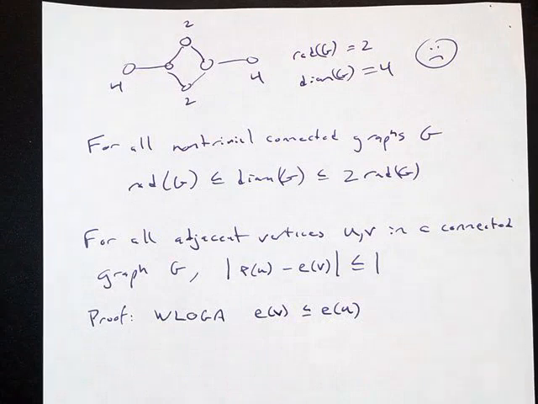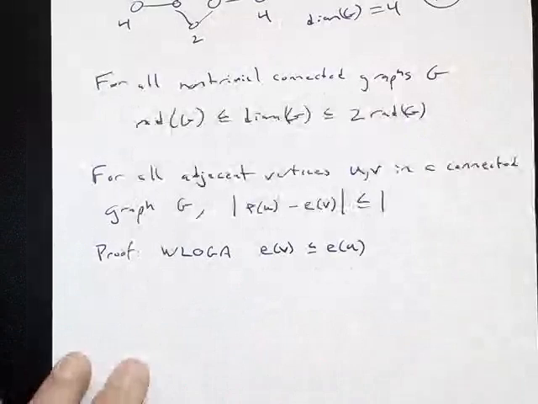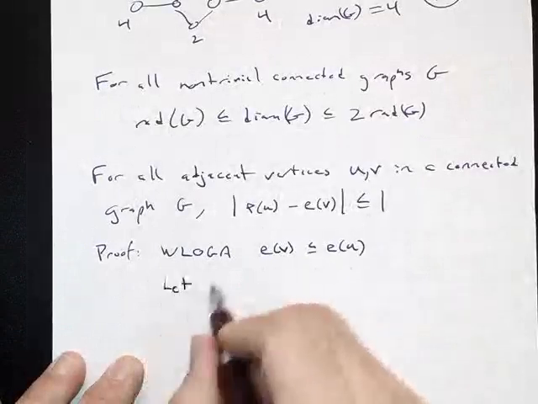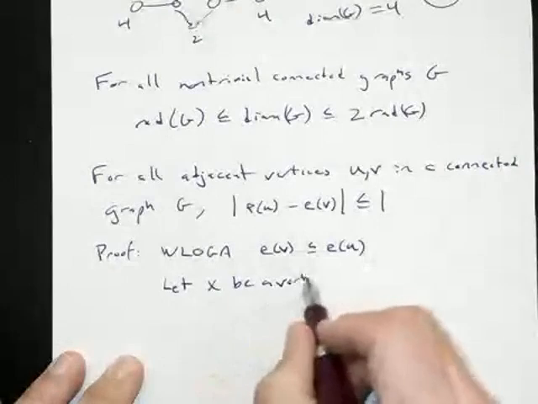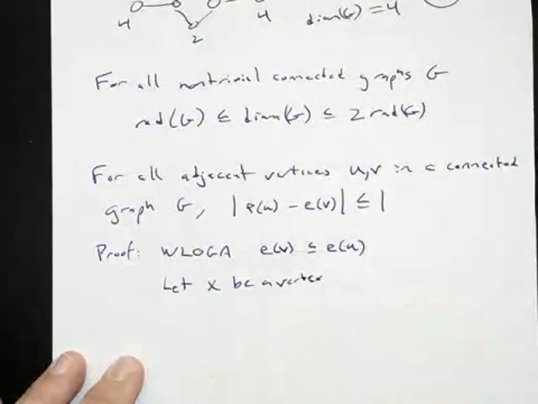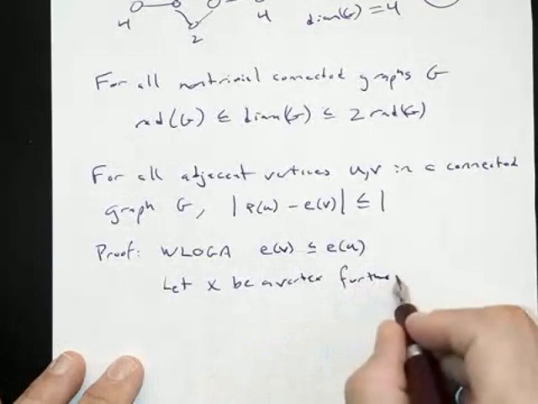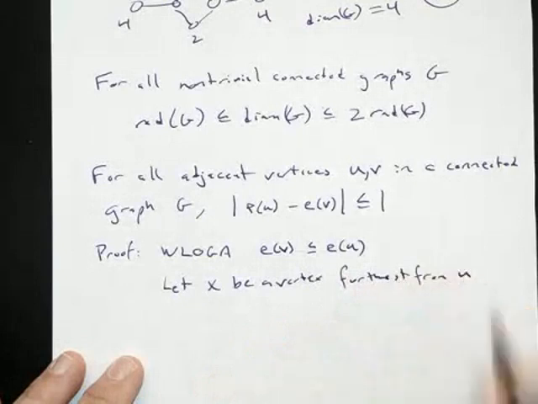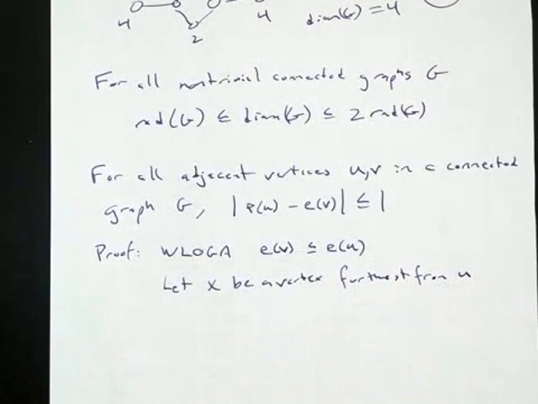All right. There is some vertex X furthest away from U. Yes? Well, that means I know what the distance between U and X is.